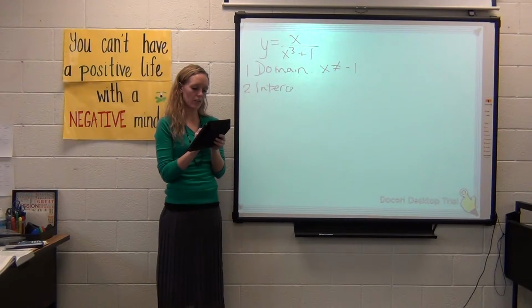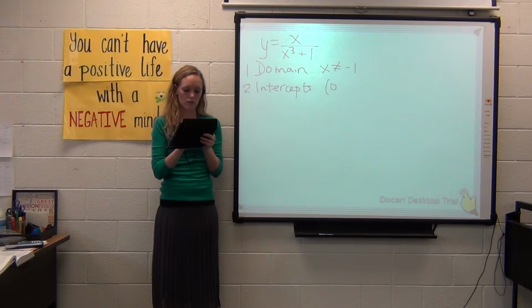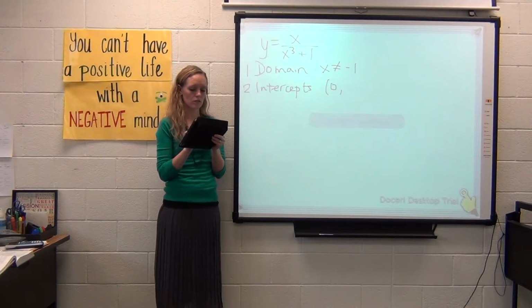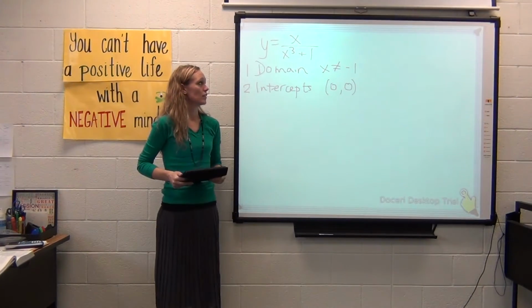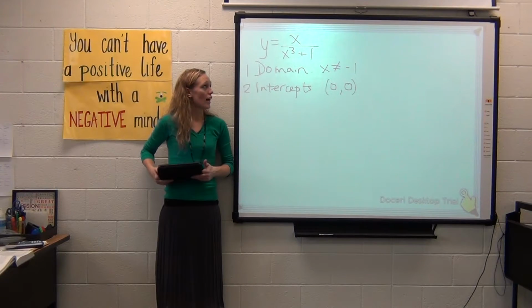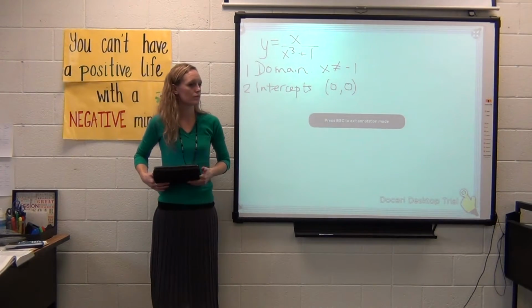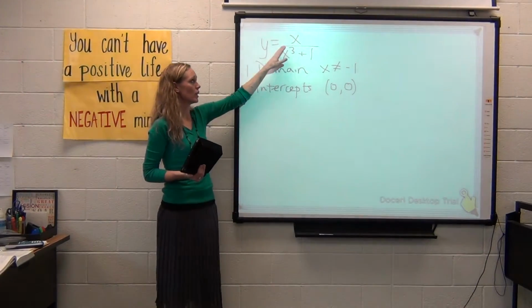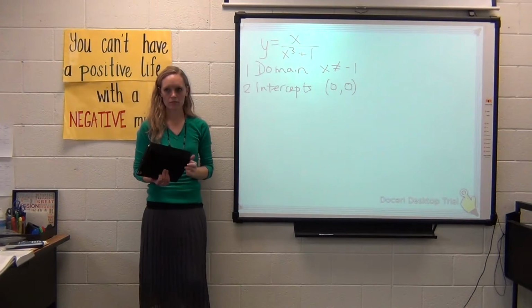How do I find the y-intercept? Set x equal to 0. If I plug in 0 for x, I'm going to get 0. How do I find the x-intercepts? Set y equal to 0. If I set y equal to 0, I'm only looking at the numerator, and that's going to be at the same point, (0, 0).